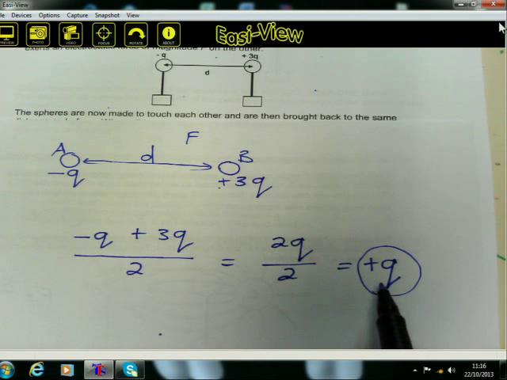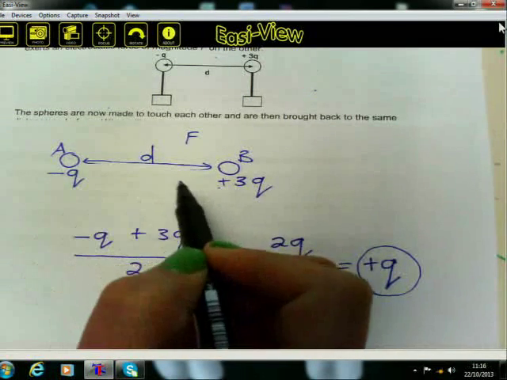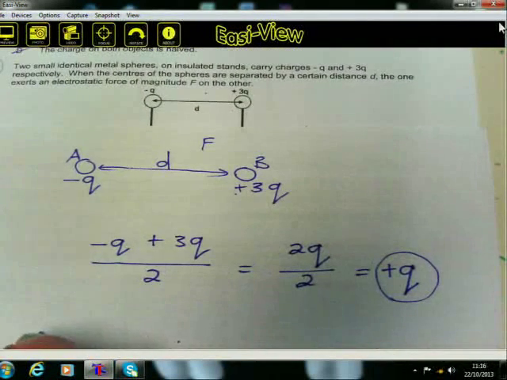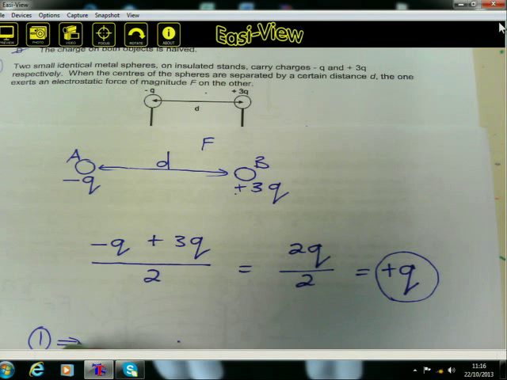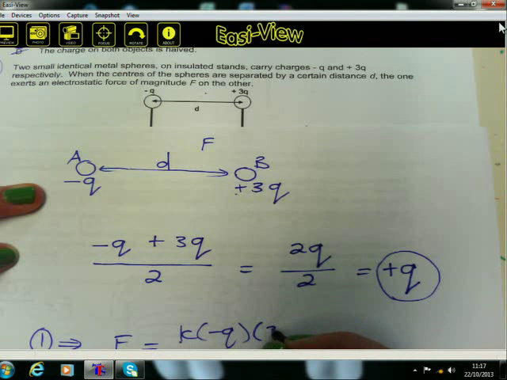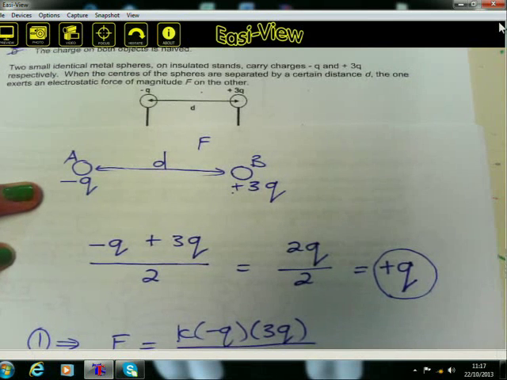Now how will that change the force that was exerted initially? Let's quickly look. Initially, in our first expression, before the two objects touched, we had F equals minus q times 3q all over r squared. Now we don't have these two charges anymore.